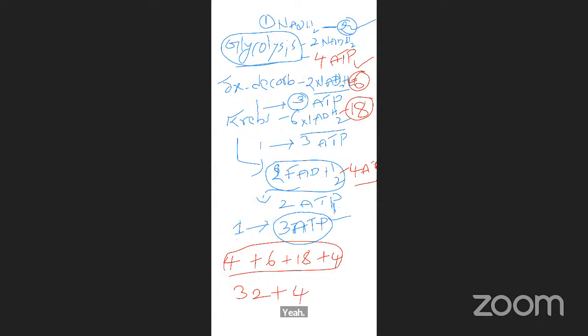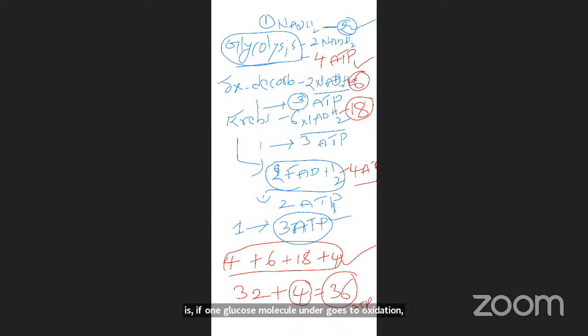So where do these 4 extra ATPs come from? They are from substrate-level phosphorylation: 2 in glycolysis and 2 in the Krebs cycle. They are the direct ATPs. So the total number of ATPs, if one glucose molecule undergoes oxidation, is 36.